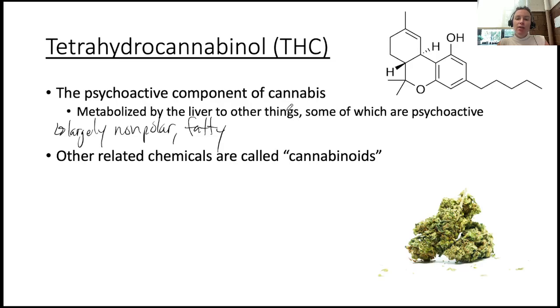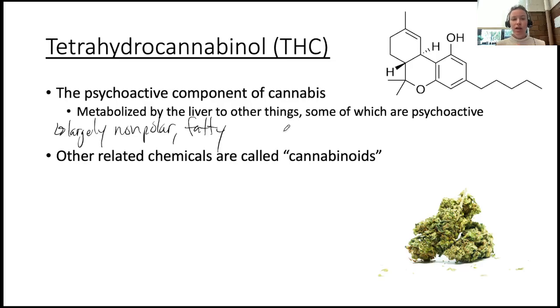THC is the psychoactive component of cannabis, so it's what is going to give you kind of the high that people discuss about cannabis. And THC is really one of the psychoactive components. THC, when you eat it, for example, goes to your bloodstream, it is metabolized in the liver, and the liver performs chemistry on it.